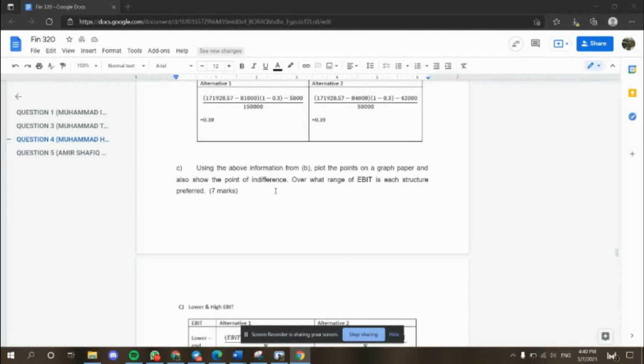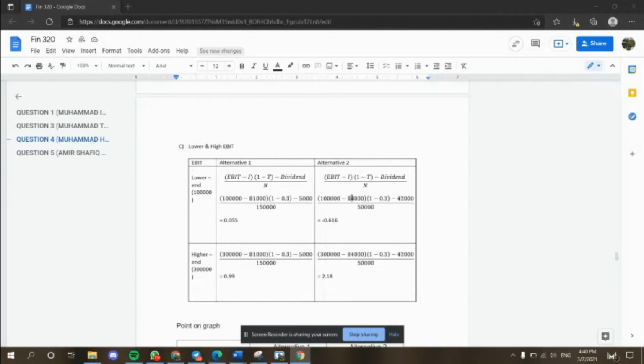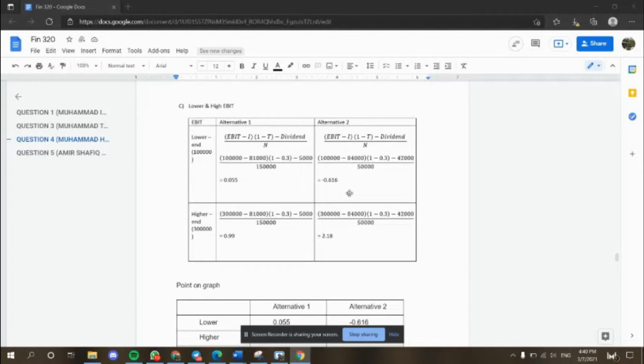And then C, using the above information from B, plot the points on graph paper and also show the point of indifference, and over what range of EBIT is each structure preferred. Okay, well, to find the higher and lower EBIT to be plotted on the graph, I assume that the EBIT for the lower end is 100,000 and the higher end is 300,000.